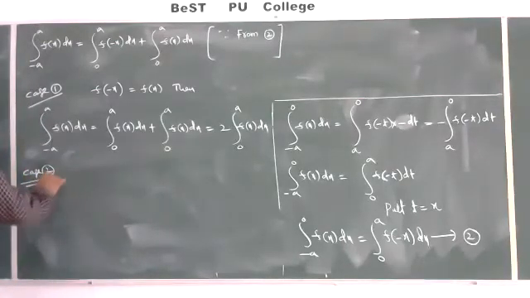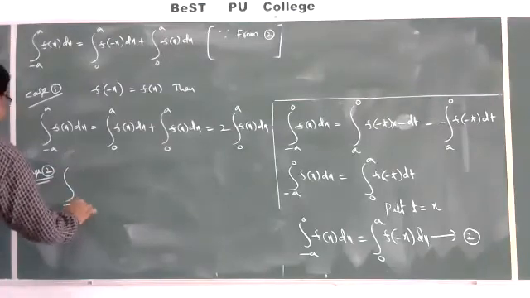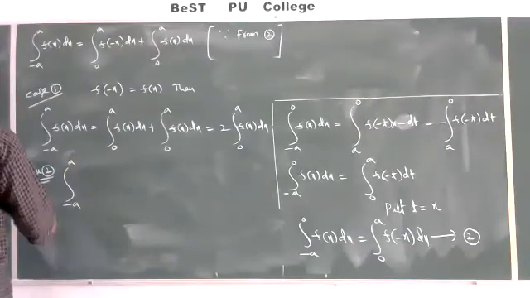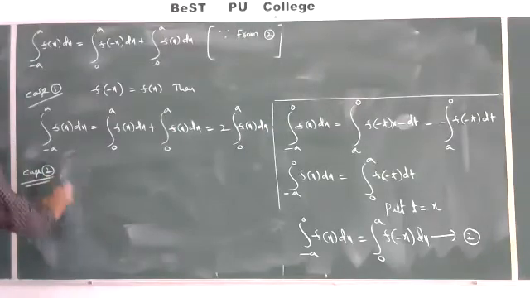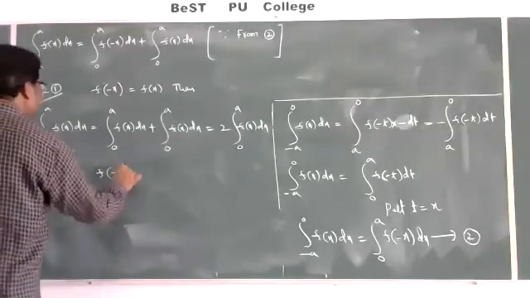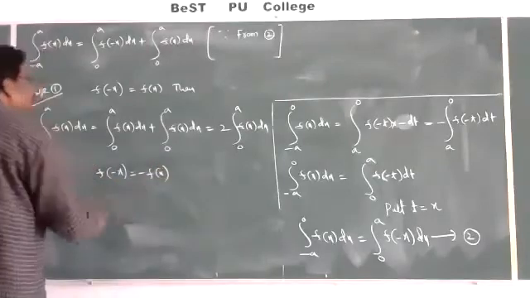Case 2. Sorry, case 2 is what? f of minus x is equal to minus f of x.